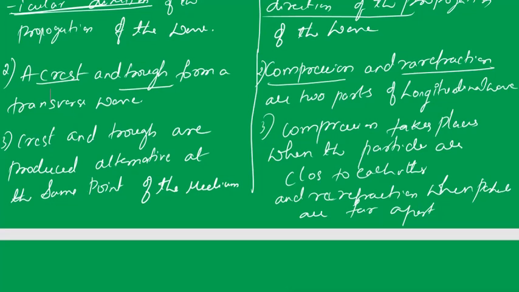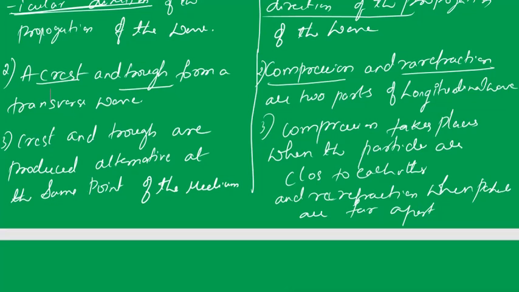These are the two concepts which we study in transverse as well as longitudinal. Transverse has crest and trough, and compression and rarefaction we have in longitudinal waves. Third point, crests and troughs are produced alternately at the same point of the medium.